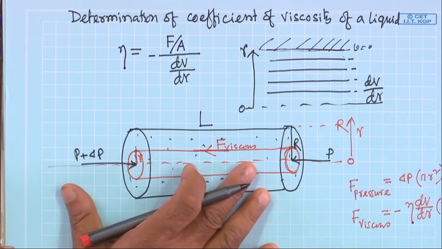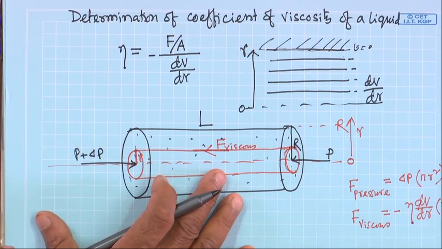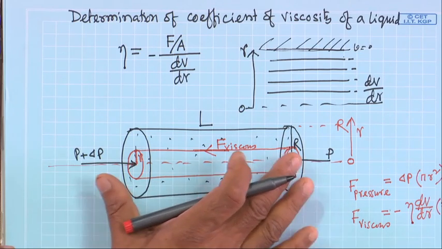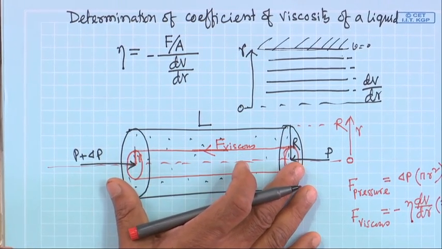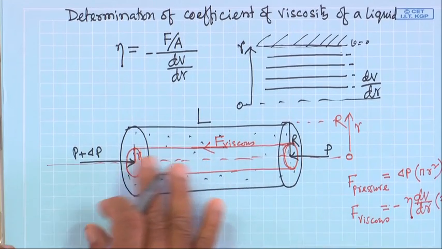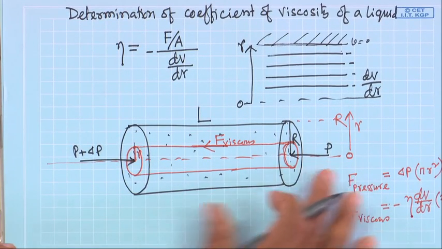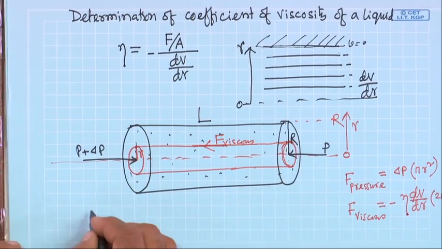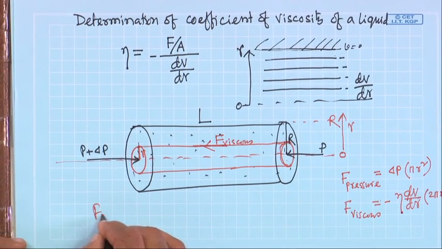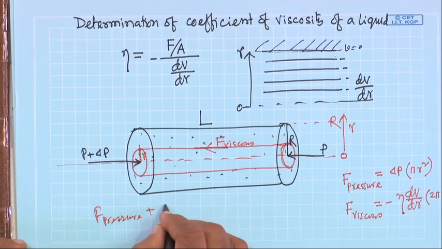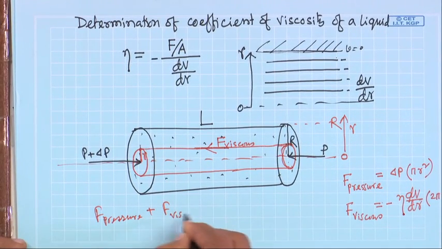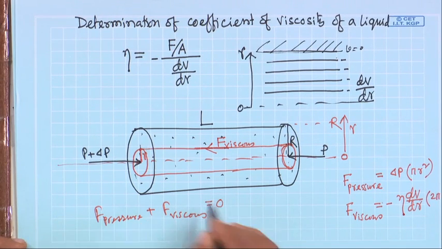Now, the net force will be zero when there is steady state flow of water. So, F pressure plus F viscous is 0.